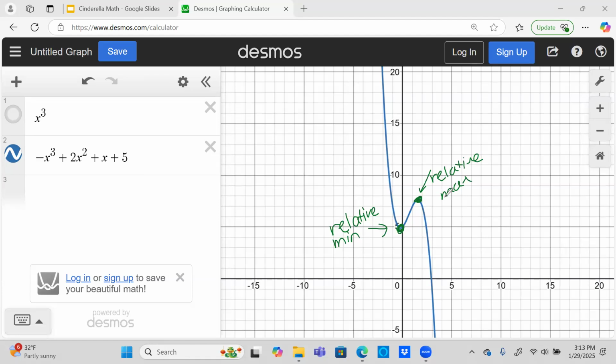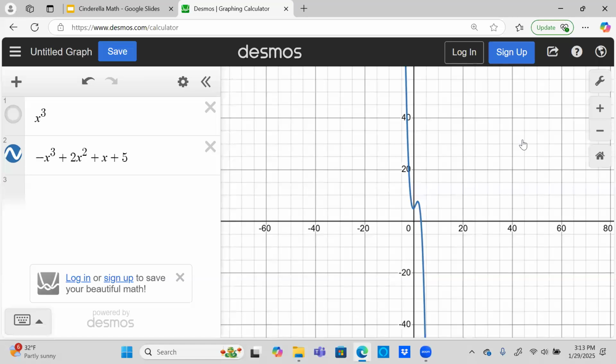So this cubic here has relative extrema, both a min and a max, but it does not have any absolute max and min. Because our range is negative infinity to infinity, it's going to keep going down forever. It's going to keep going up forever. There are no maximum or absolute limits on that.